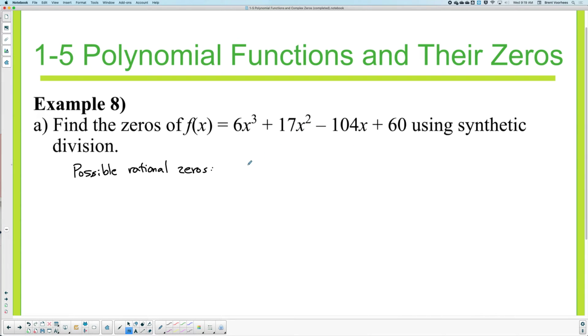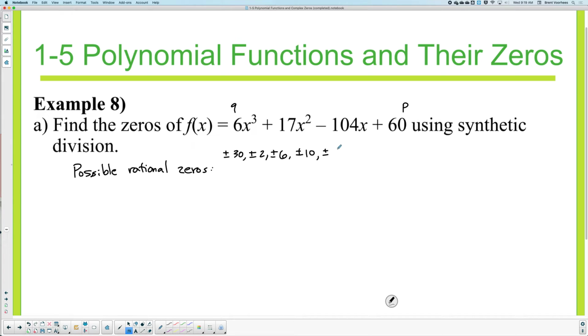What is my p in this problem? 60. That's my p. What's my q? 6. Okay, so what are the factors of 60? 30 and 2. I heard 6 times 10. 5 times 12. 4 times 15.